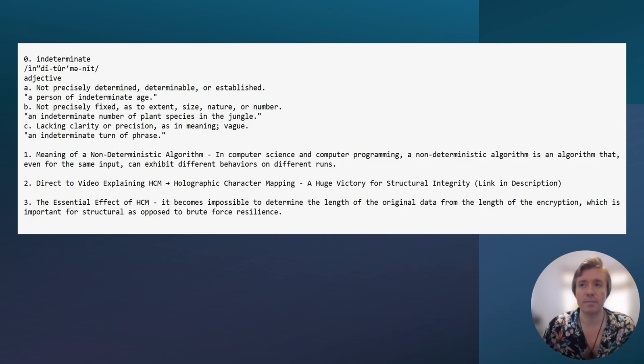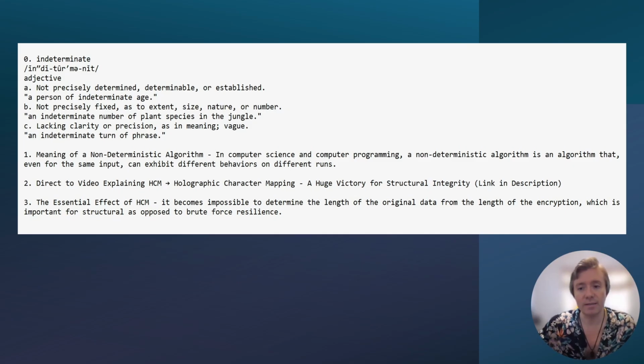And there again, the legible or semi-legible data of any arbitrary length could be the correct data. You just don't know because HCM takes away the ability to know what the correct length of the data is.